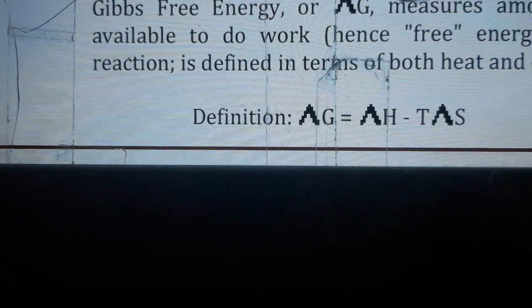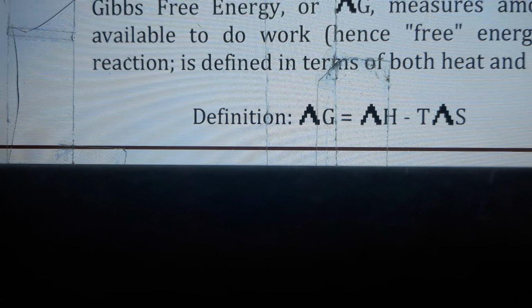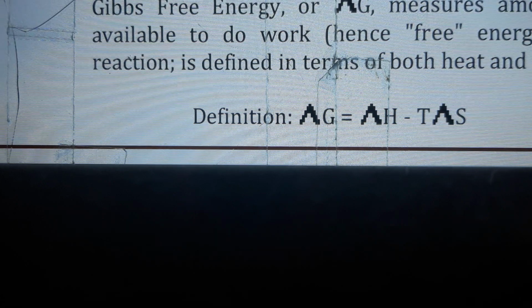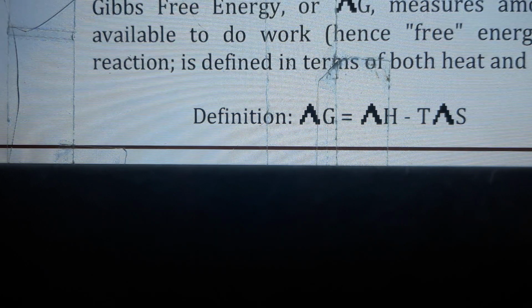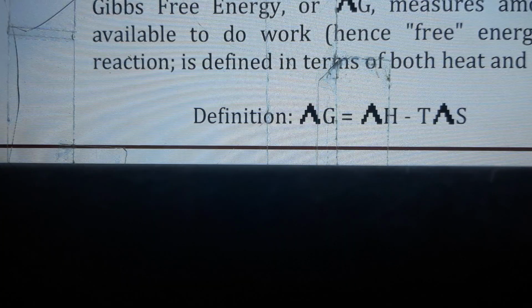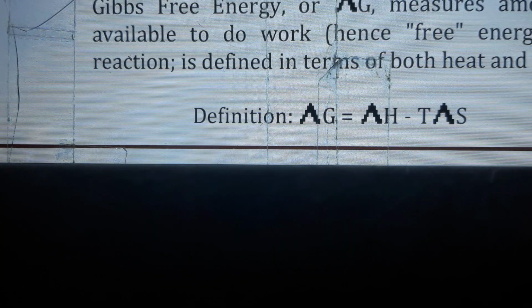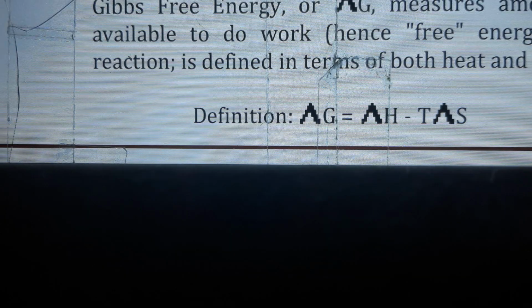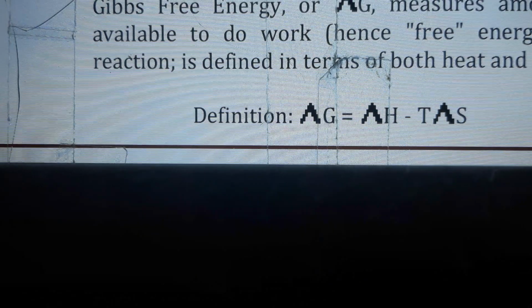The free energy change provides information about the spontaneity, but not the rate, of a reaction. Gibbs free energy, or delta G, measures the amount of energy available to do work, hence free energy. The free energy involved in a reaction is defined in terms of both heat and entropy.